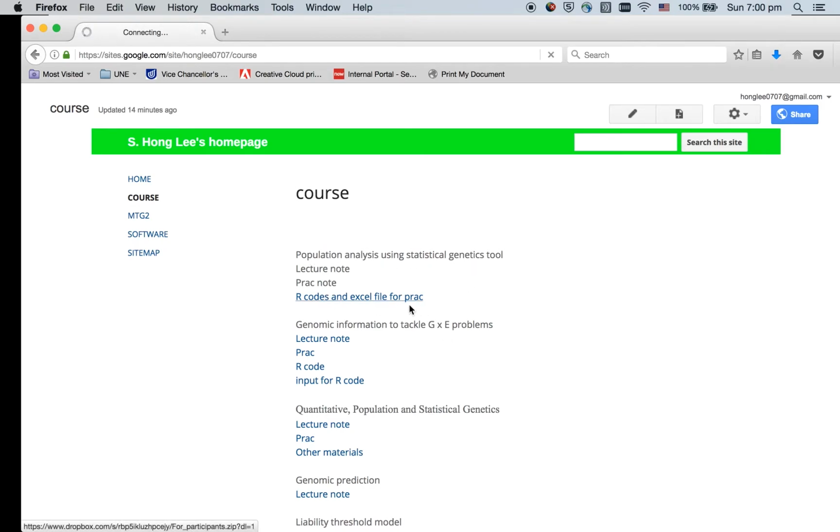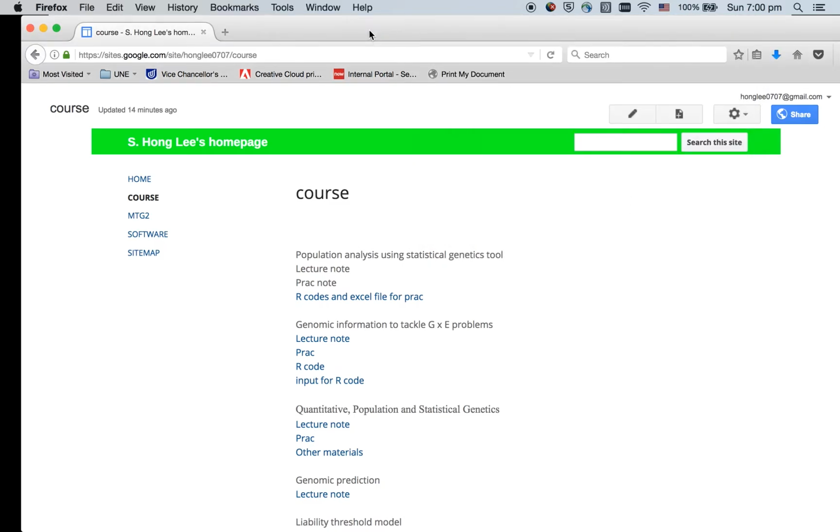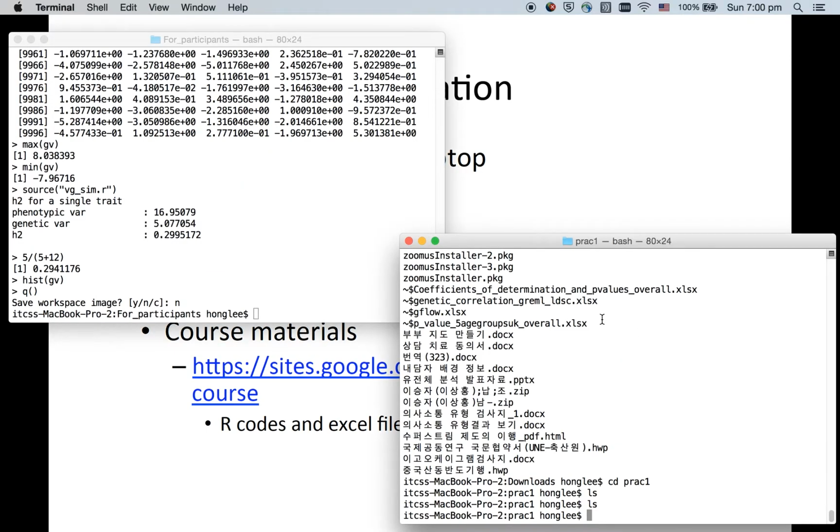You can click it, and the materials can be downloaded to your machine. I already downloaded them, and I will show where they are.